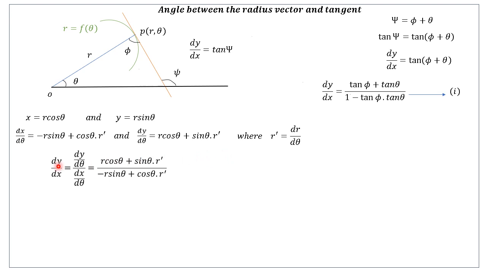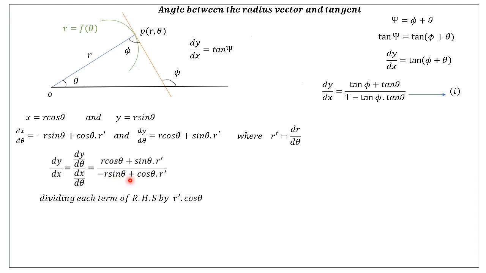Now dy by dx in terms of theta is written as dy by d theta divided by dx by d theta, where d theta gets cancelled. Substitute these two values, dy by d theta and dx by d theta, in the numerator and denominator.